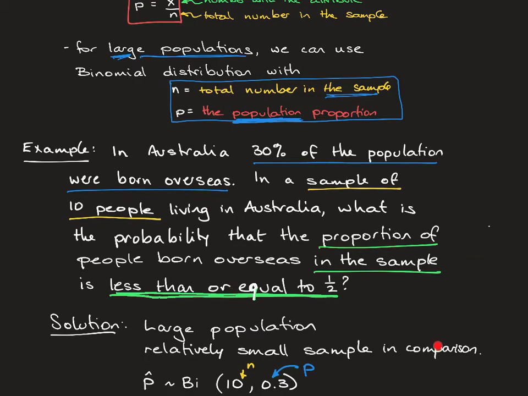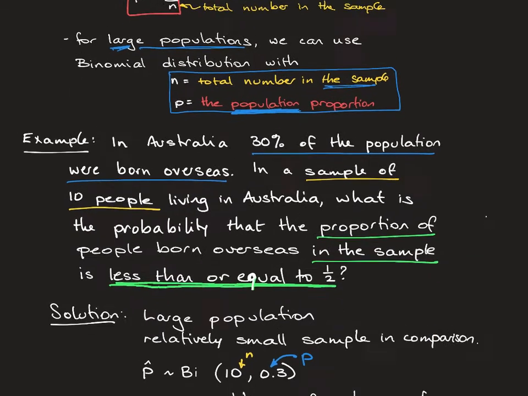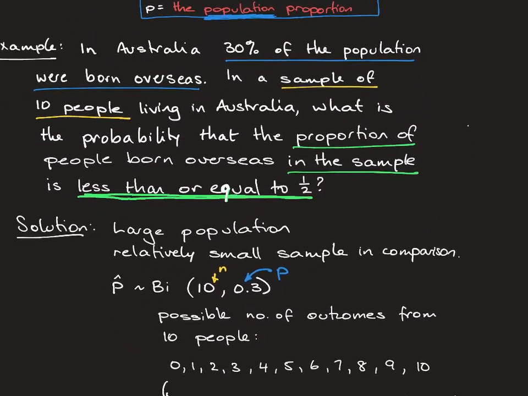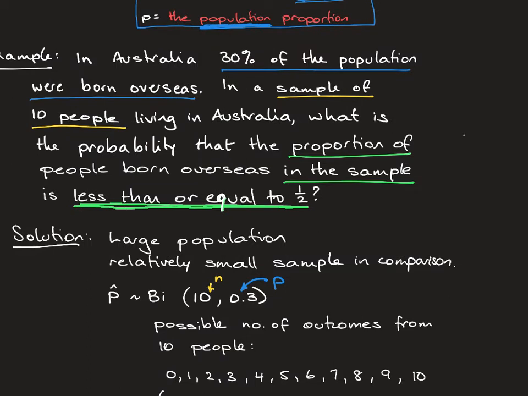So there's a couple of ways that we can interpret that. So we've got the possible number of outcomes with 10 people. Let's start just working with the people. So in a group of 10 people, you could have 0 that were born overseas, 1 that was born overseas, 2, 3, 4, all the way up to all of them born overseas.